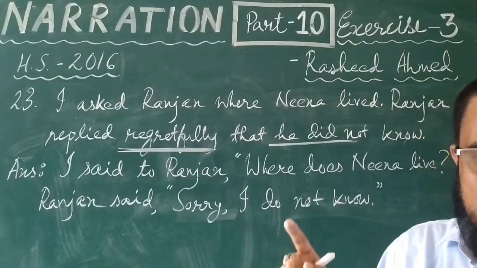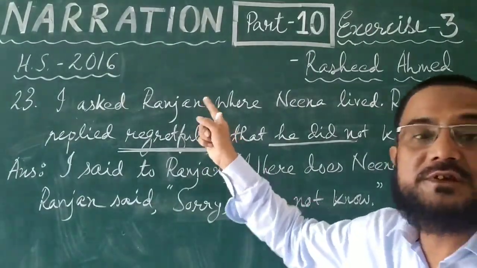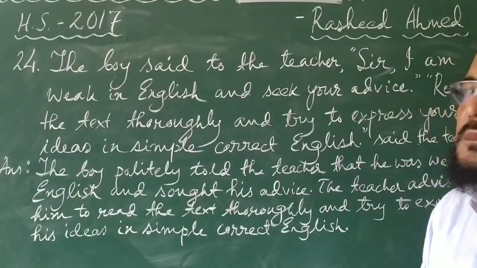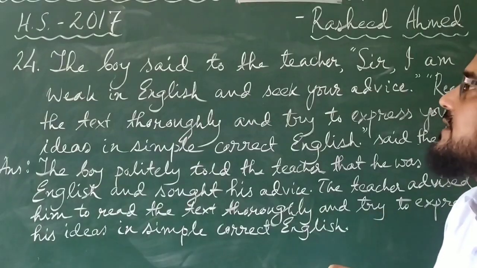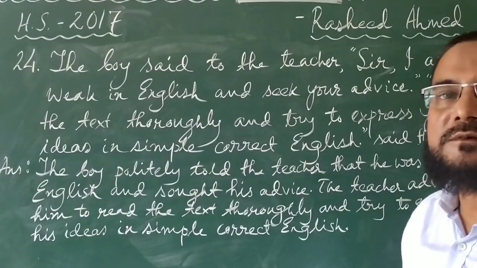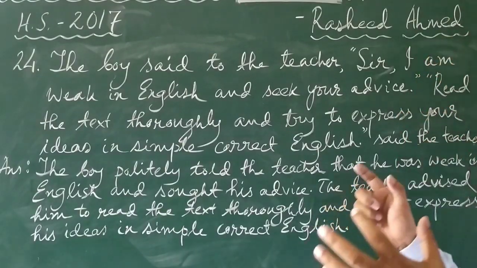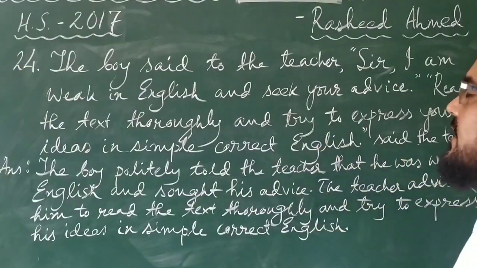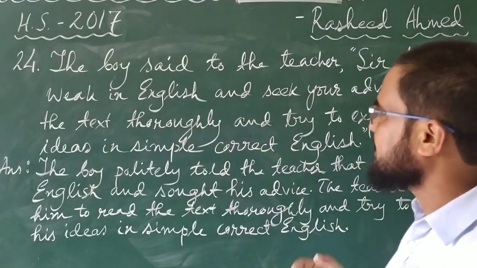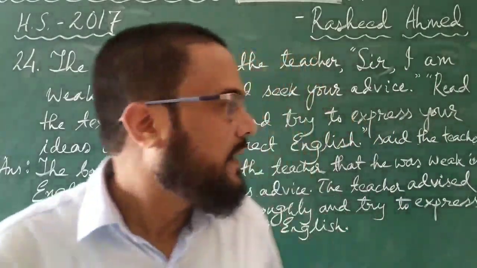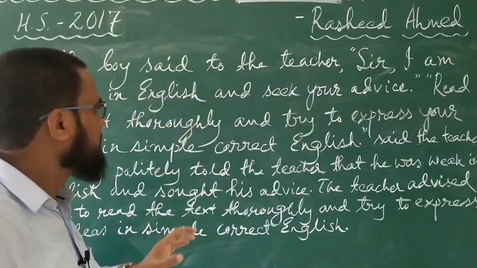We'll now see the next question that came in 2017. The first question in 2017 is number 24 as per our sequence, and see, it's a long question. The boy said to the teacher, "Sir, I am weak in English and seek your advice."